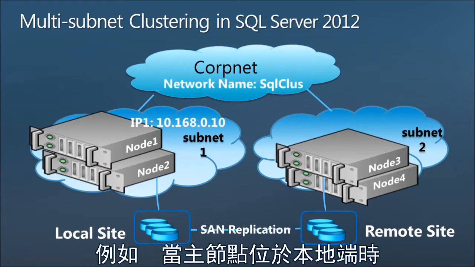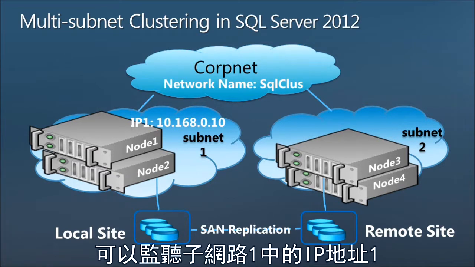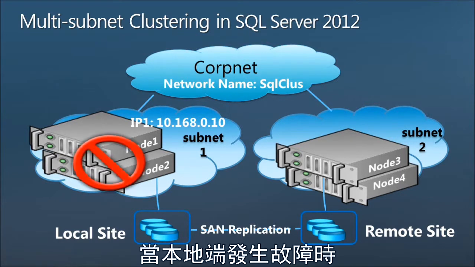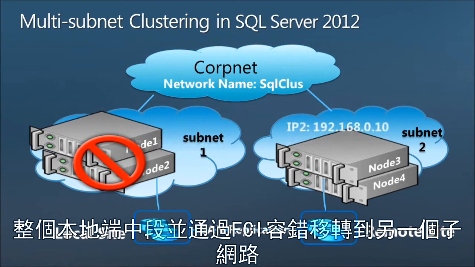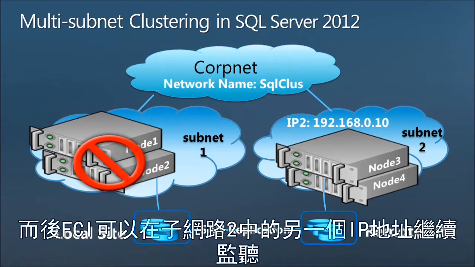For example, when the primary node is hosted in the local site, it can listen on IP address 1, which is from subnet 1. When something bad happens and the whole local site goes down, the FCI fails over to another subnet, and then the FCI can listen on a different IP address from subnet 2.